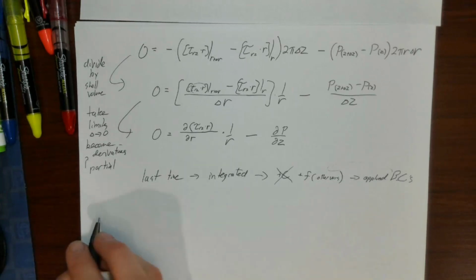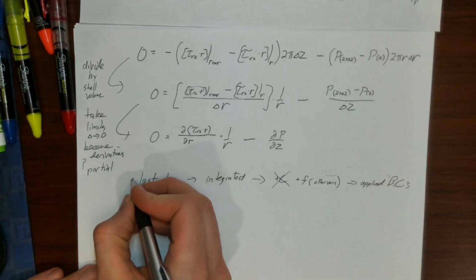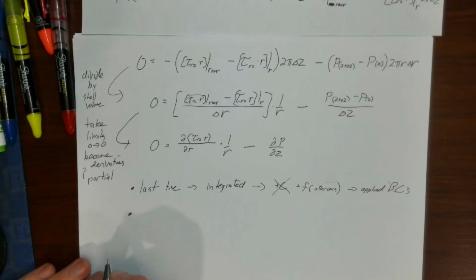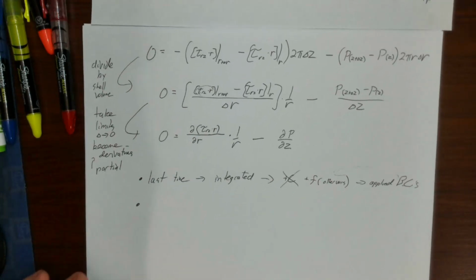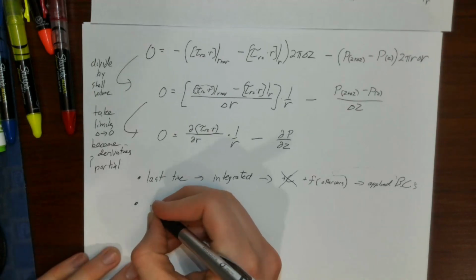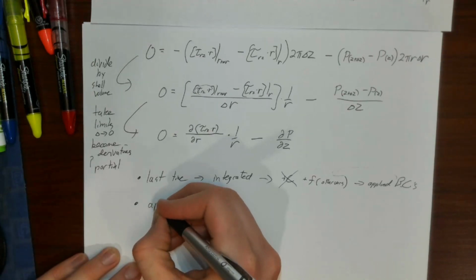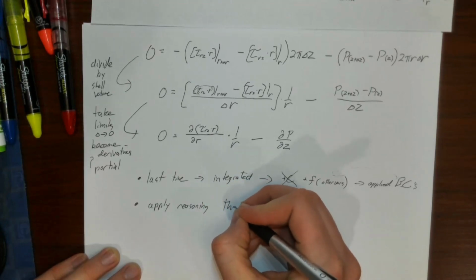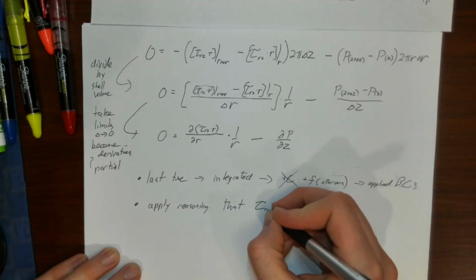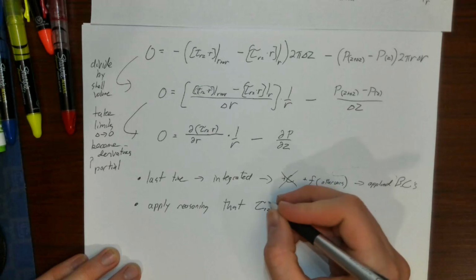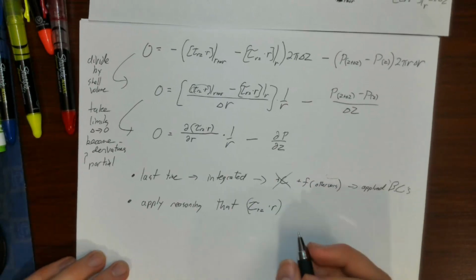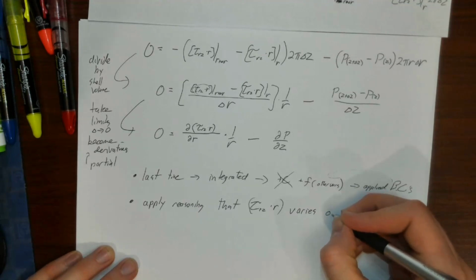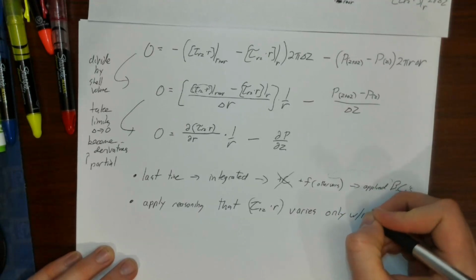We're going to take a slightly different approach this time, right? We could do the approach from last time, but we're going to make a slightly different approach here. We're going to apply reasoning that tau rz times r, this sort of product here, varies only with r.